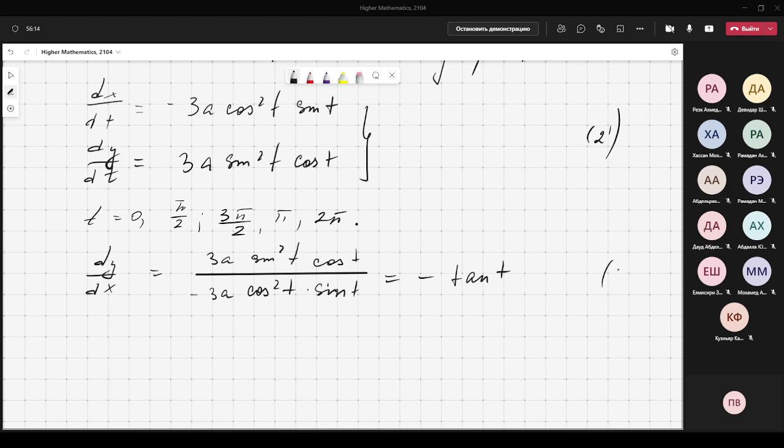This is 3 prime. On the basis of 2 prime and 3 prime, we complete the following table.